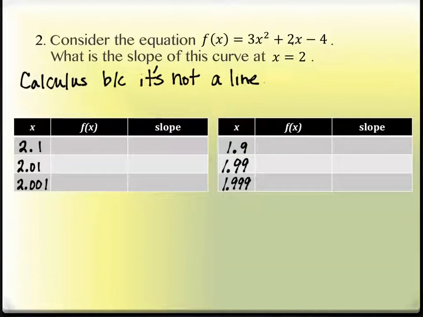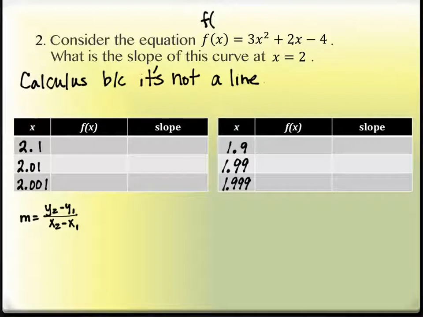Okay, we mentioned before that slope is y2 minus y1 over x2 minus x1, right? One of these x and y pairs is going to be whatever happens when x is actually at 2. So we need to calculate that. So here's what you can do. Go ahead and grab your calculator. It's your first taste at doing this.